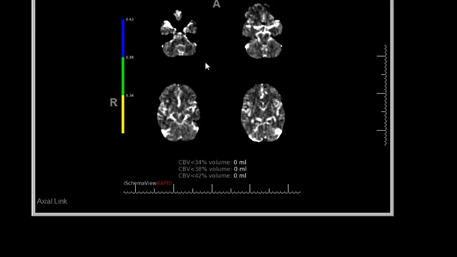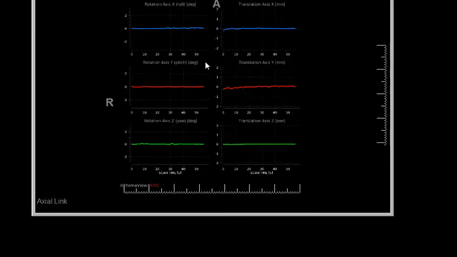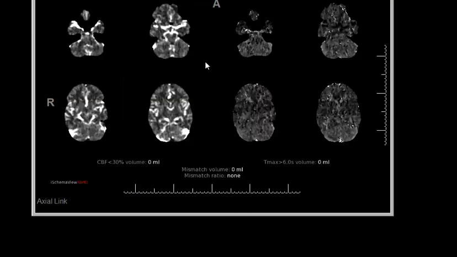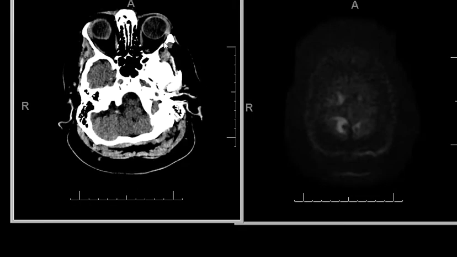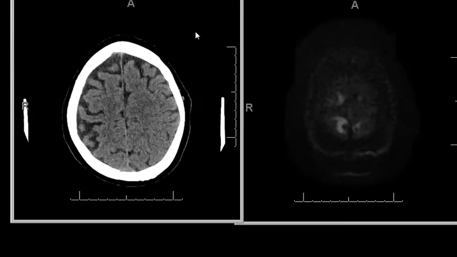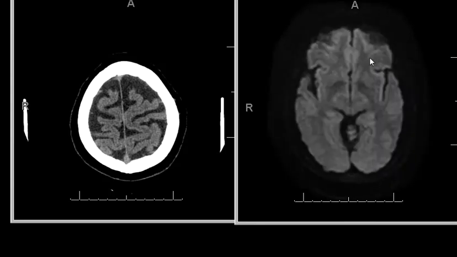This case does not have a hyperdense blood clot. This is another case, showed normal perfusion, all good quality data, and showed a normal CT, no clot, and a normal MRI.